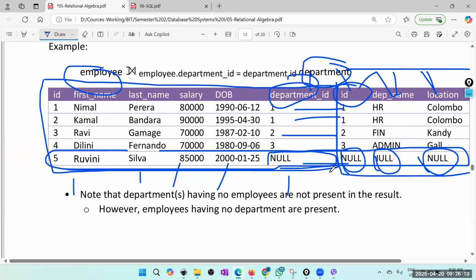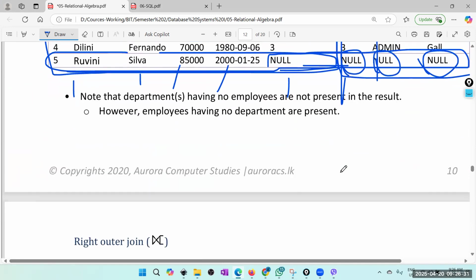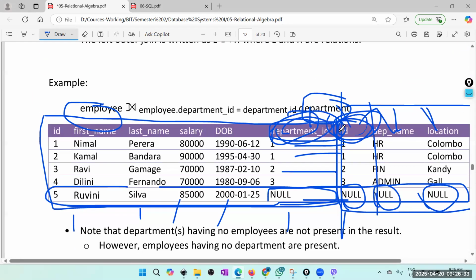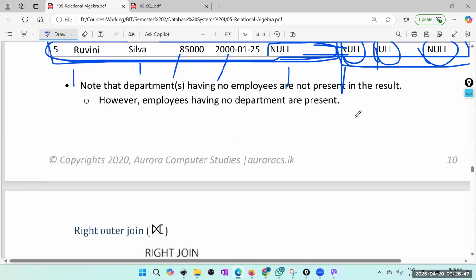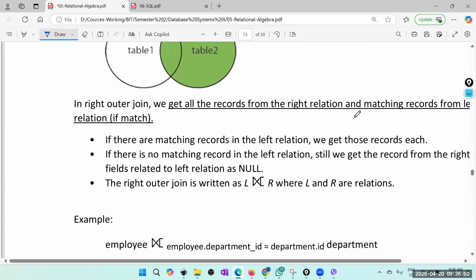And some people just put it only once, especially if the name is also the same. But the best practice is to put it twice. Put it twice. Okay. Because sometimes the name is also different. But obviously, these values are going to be the same because effectively these are the same. But this is coming from the employee table. This is coming from the department table. Right. So that is called left outer join.